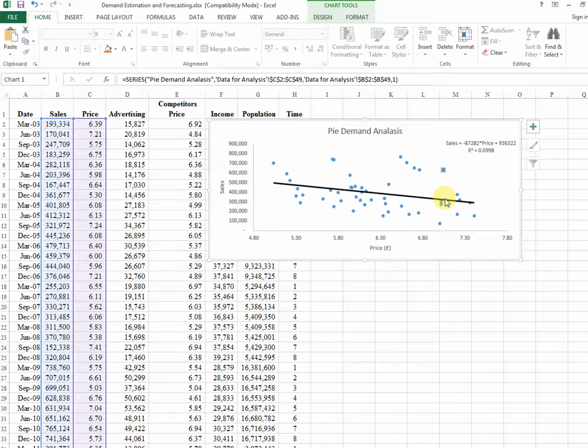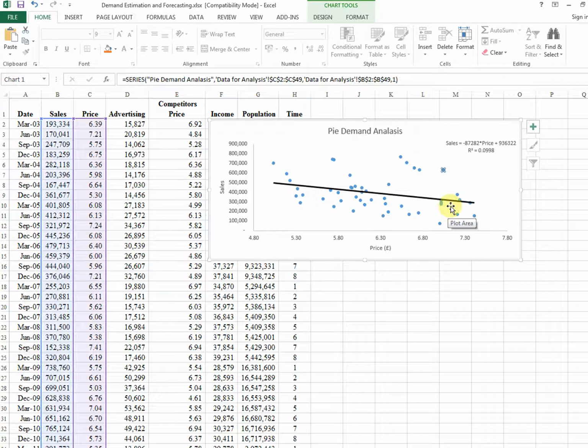So if these errors are huge, then r squared will be low. If the dots are clustered very close to this line, the r squared will be very high, up to 1. So r squared will have a value between 0 and 1. A value close to 1 tells us that the demand equation is more accurate.